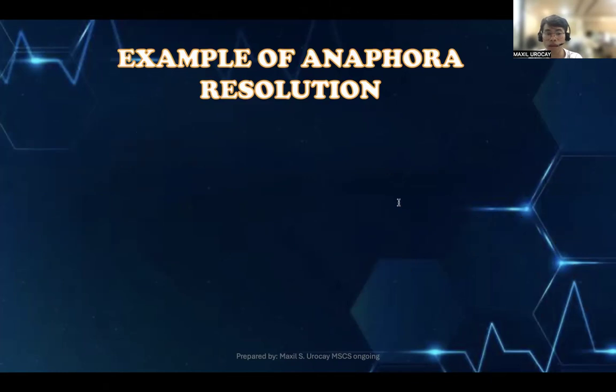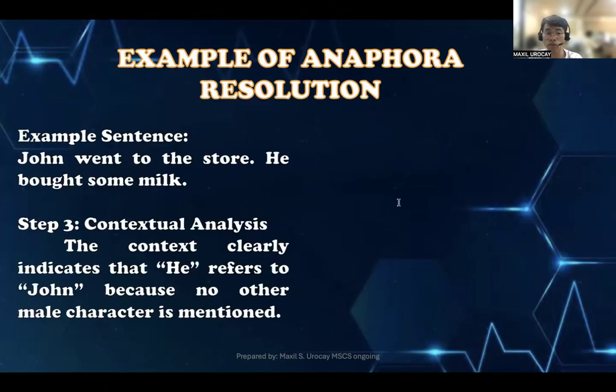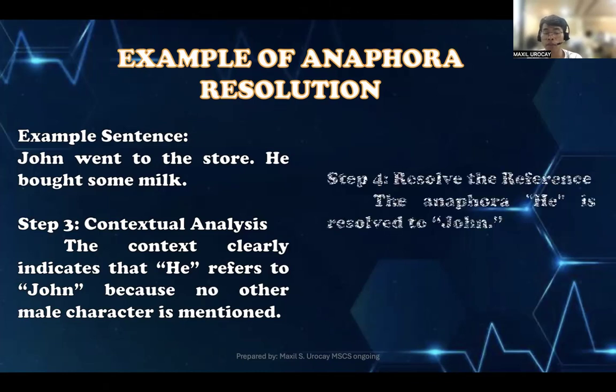The contextual analysis clearly indicates that "he" is referring to John because no other male characters are mentioned. And then we resolve the reference. The anaphor "he" is resolved to John. So that's how it works. Hopefully that is really understandable and easy for everybody.